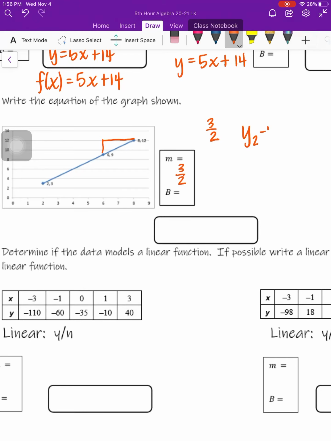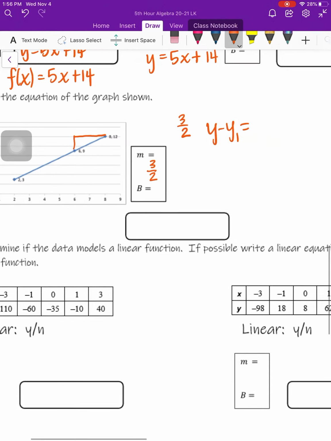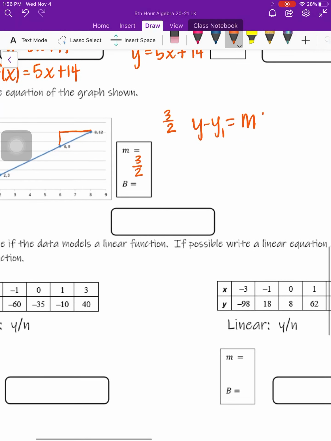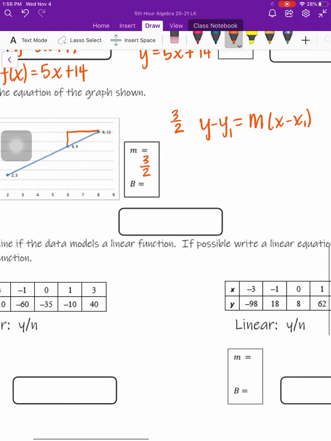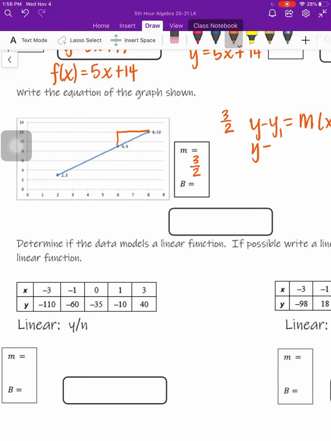So y2 minus y1. Nope, I messed that up. Sorry, guys. Y minus y1 equals m times x minus x1. And I will use the ordered pair.